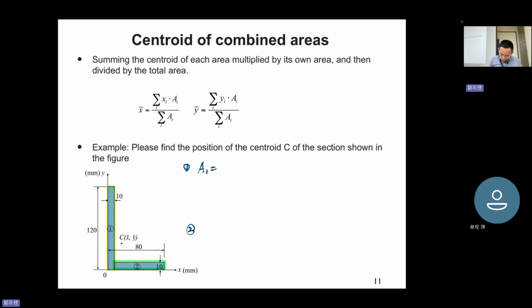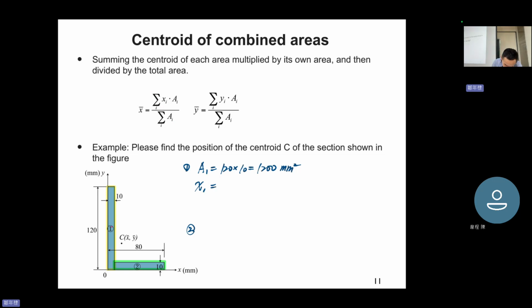A1 is 120 times 10. We want to determine the centroid of the L shape. So it is easy, we can sum for the x and y of the different parts of the shape. In A1, you know that this is a rectangle, right?